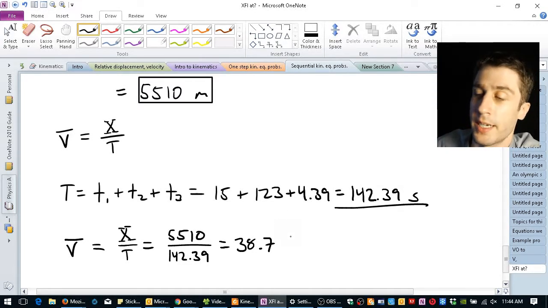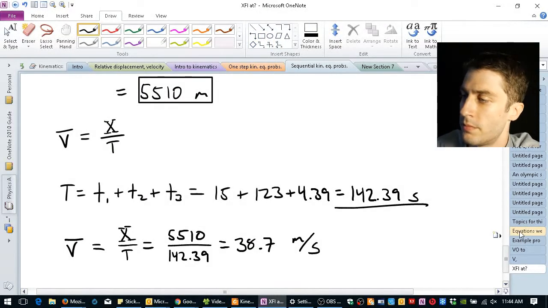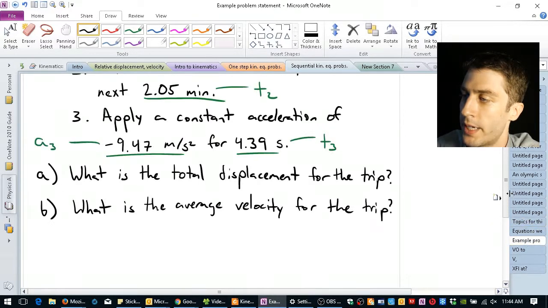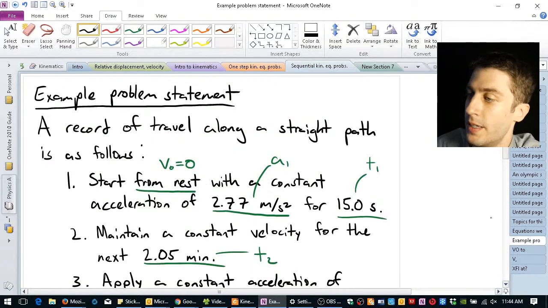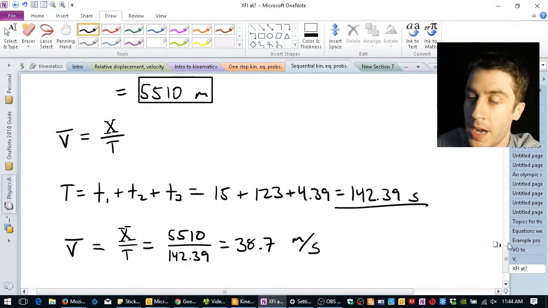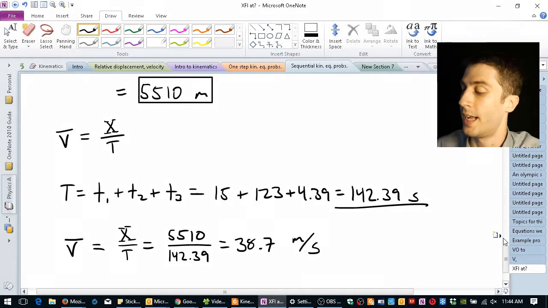And that's meters per second, because I had capital X in meters and capital T in seconds. So 38.7 meters per second is your average velocity for the entire trip. So again, we were asked for the average velocity and we just found it. And so that is a complete problem for you guys.